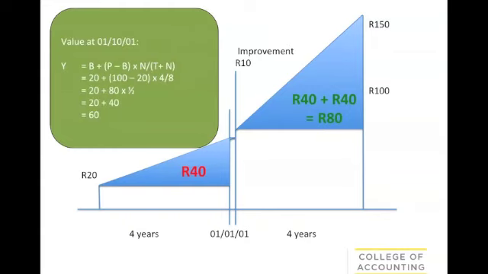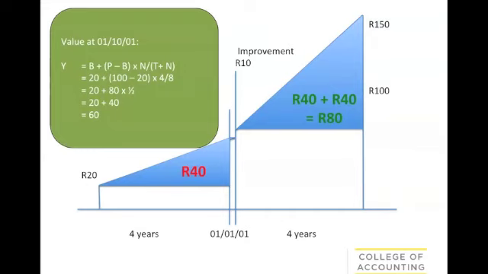So what is the value of the asset as at the 1st of October 2001? Remember that that is the 2-story house, because those improvements haven't been made yet. Well, we remember from the first podcast that the value is 60 Rand, but how do we get to that 60 Rand?